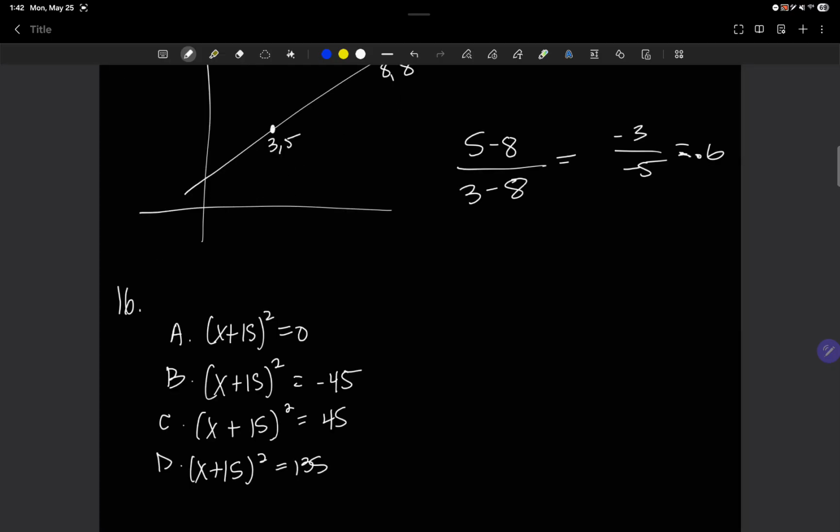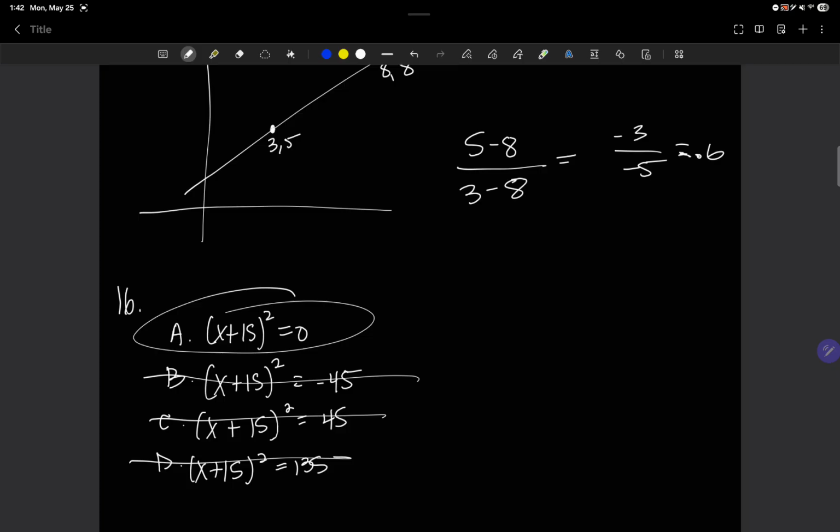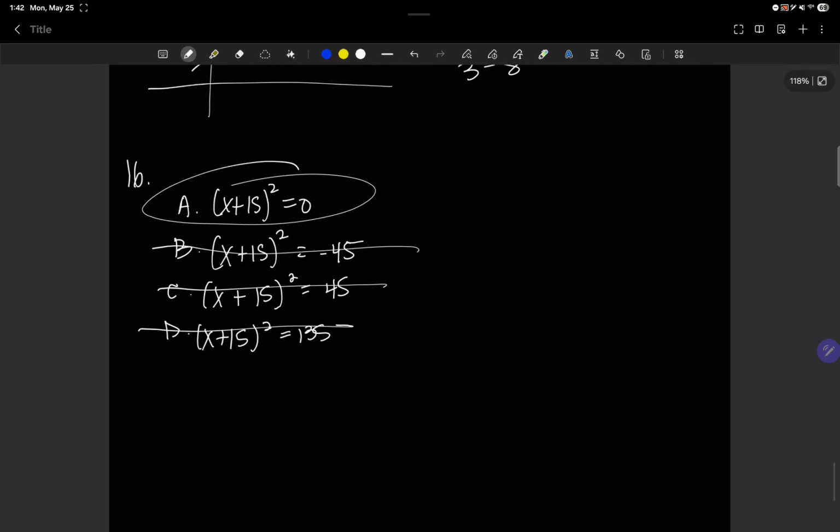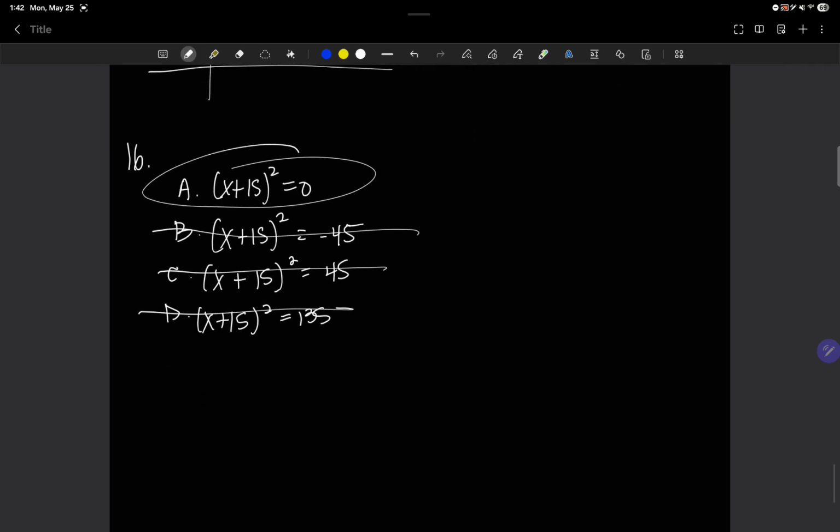So it's not B because those would be imaginary or complex solutions, because you'll have an imaginary part and you'll subtract over a real part. So you'll have 2 complex roots. And then C, it's not that one because you'll have plus and minus 45. You'll subtract, so negative 15 plus and minus. That's 2 distinct roots. It's basically a quadratic shifted down 45. And this is a quadratic shifted down 135. So that's going to have 2 distinct roots. So it's got to be the first one. That kisses the x-axis at negative 15. That's a choice word. Touches. That's what I was taught. Kisses the x-axis.